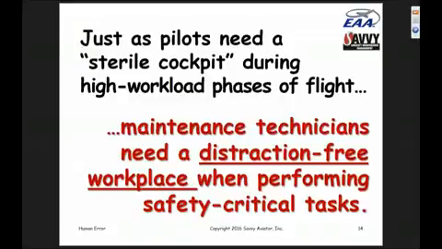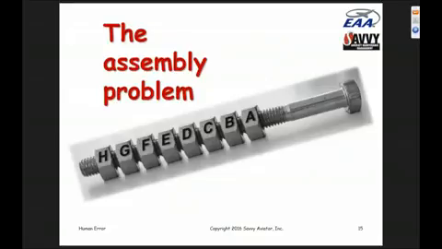So, distractions are a big problem, and we said the other big problem was problems with installation and assembly. And to illustrate that problem, let me show you a little picture that I came up with. This is a picture of a bolt with 8 nuts threaded onto it, and the 8 nuts are labeled A through H. I am showing you this to illustrate a point.